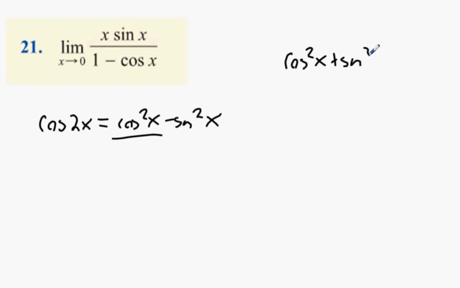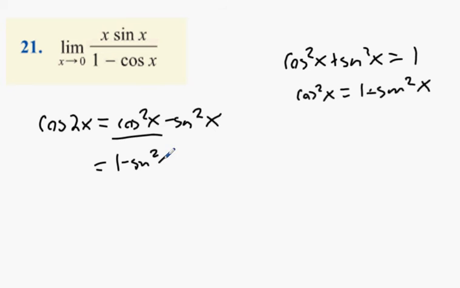We only want sines, so cos squared x equals 1 minus sin squared x. Put that in, so you get 1 minus sin squared x minus another sin squared x, and you get 1 minus 2 sin squared x. Is everybody right with that?